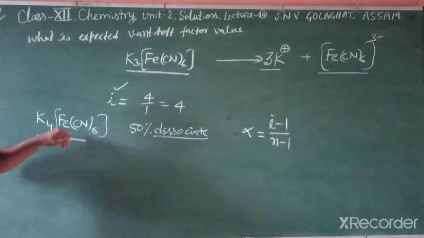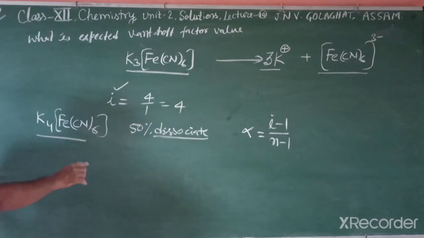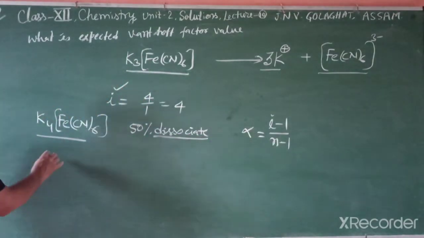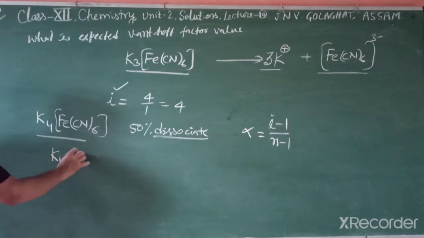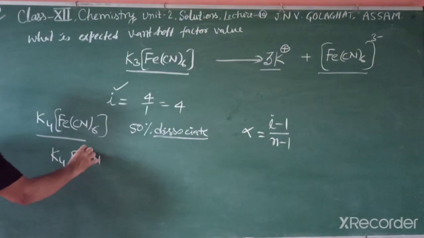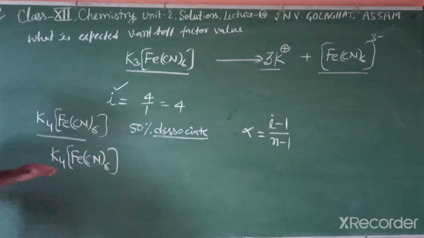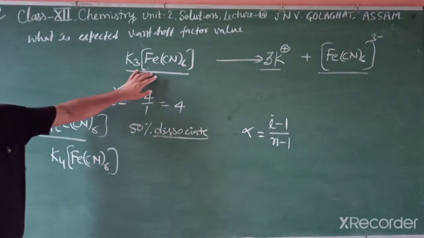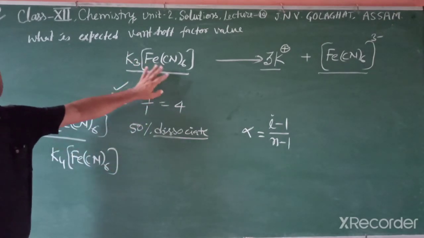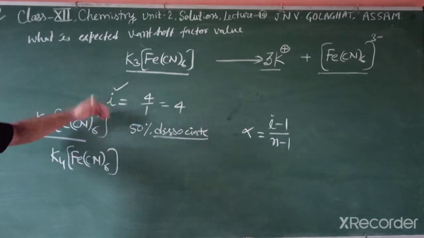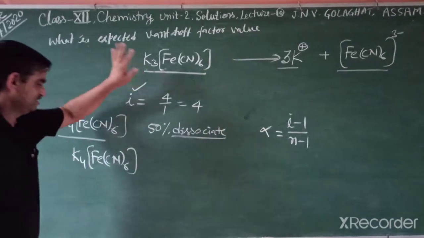First we write how many ions, what is n, how many ions it produces. K4[Fe(CN)6] is potassium ferrocyanide, and K3[Fe(CN)6] is potassium ferricyanide. We will study this in coordination chemistry in detail.